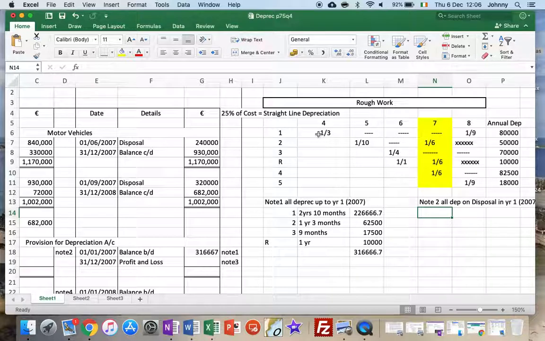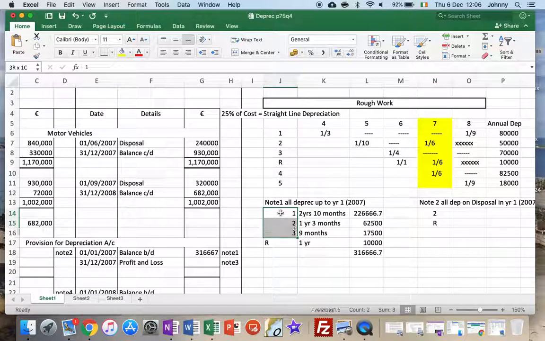So I disposed of vehicle number 2. This is the one that was disposed of, but it also had the refrigeration unit. So I'll have vehicle 2 and the refrigeration unit. If I centralize those, it makes it easier to see. I'll do the same thing over here. So vehicle 2, and I need all of the depreciation during the full life of that particular vehicle.